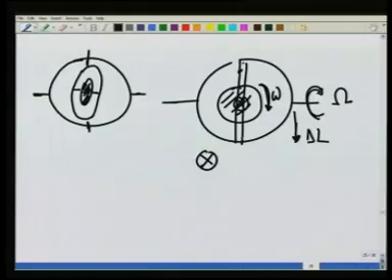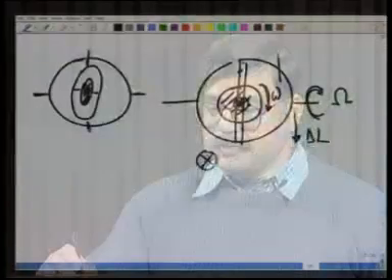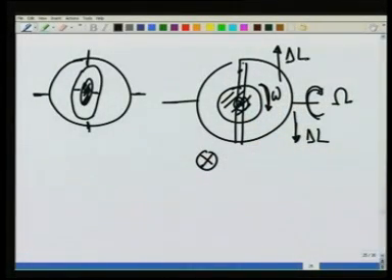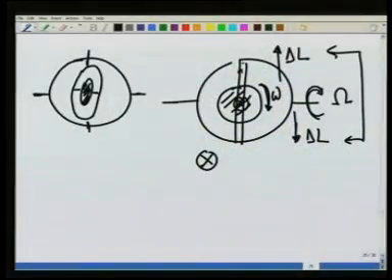It rotates in such a manner so that it develops a corresponding delta L in this direction, in order that the net change in the angular momentum is 0, and that means it will tend to rotate like this. This frame would come out here and go in here, so that it develops an angular momentum in this direction, and that is why this whole thing aligns with omega.